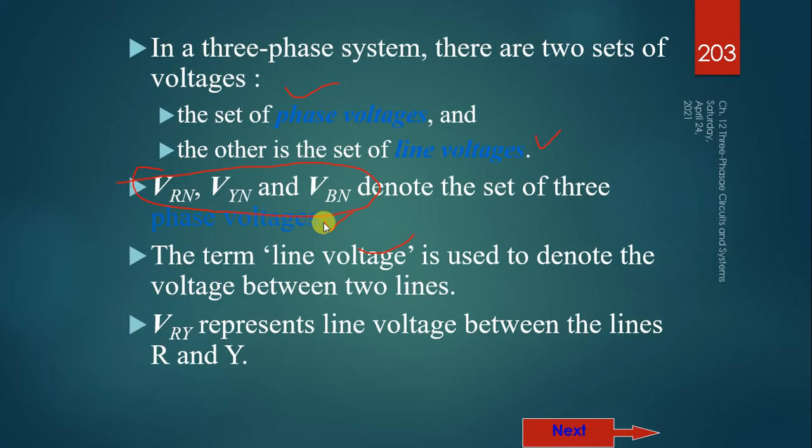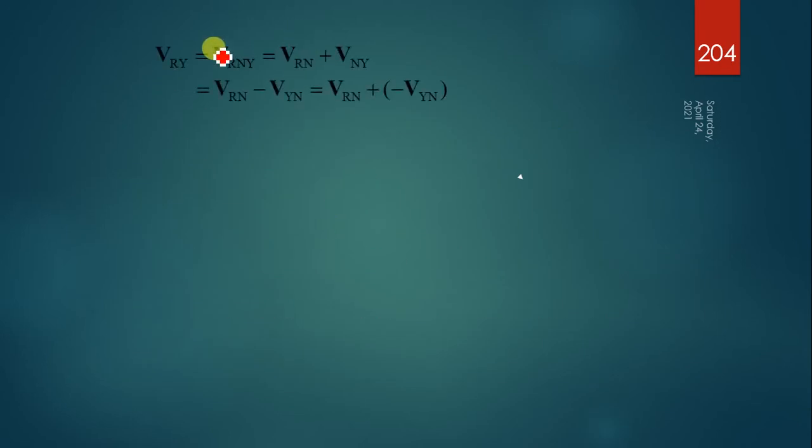Vry is split into Vrn and Vny. We can consider neutral, which is actually 0. Vry is nothing but Vrn plus Vny. What is Vrn minus Vyn? When you just take it to that side and equate, it becomes minus voltage, right? So that is Vrn plus of minus Vyn.